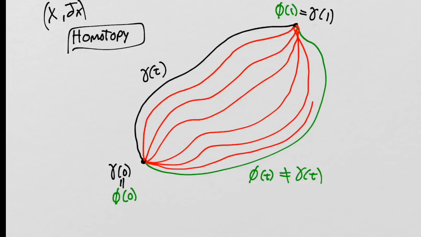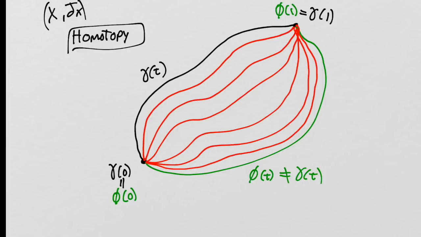So each of these red lines is part of a collection of paths that, in an intuitive way, start with path gamma, and slowly each path becomes a little bit more similar to phi.